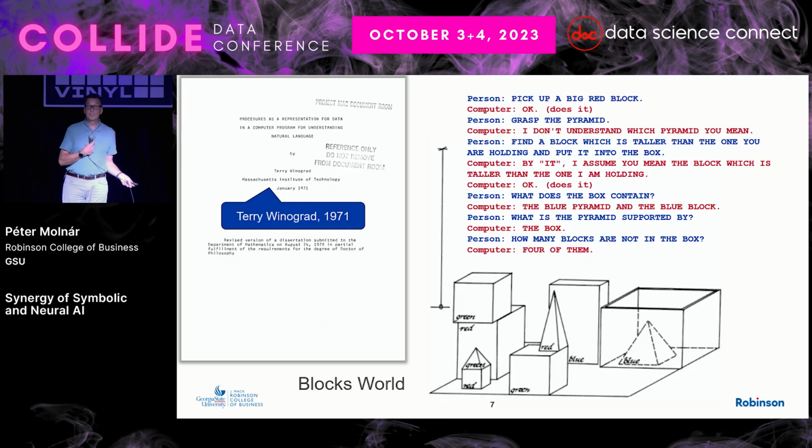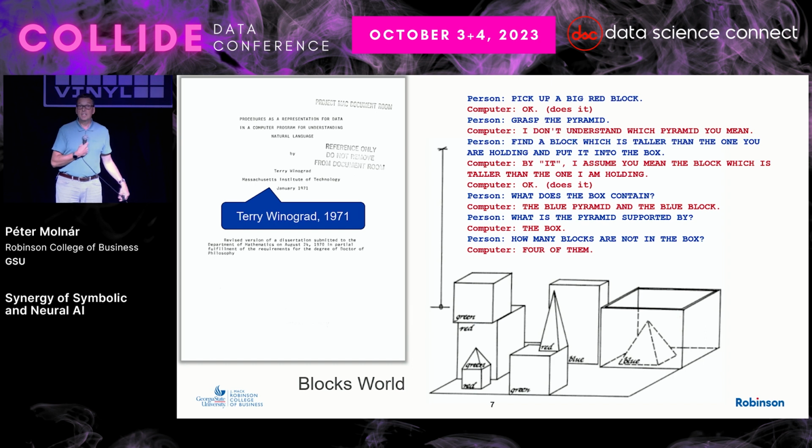So symbolic computation has been around for a long time. This is a seminal paper, actually a dissertation by Terry Winograd in 1970 or 1971. He created a blocks world.